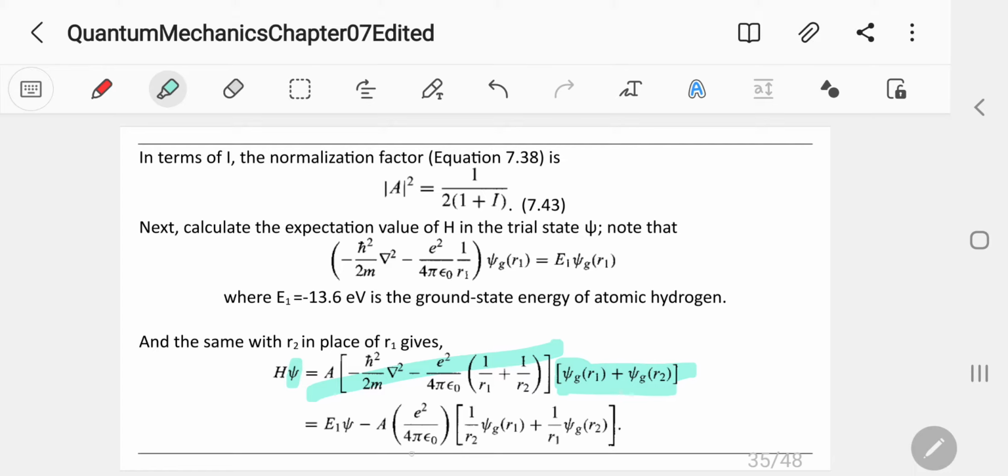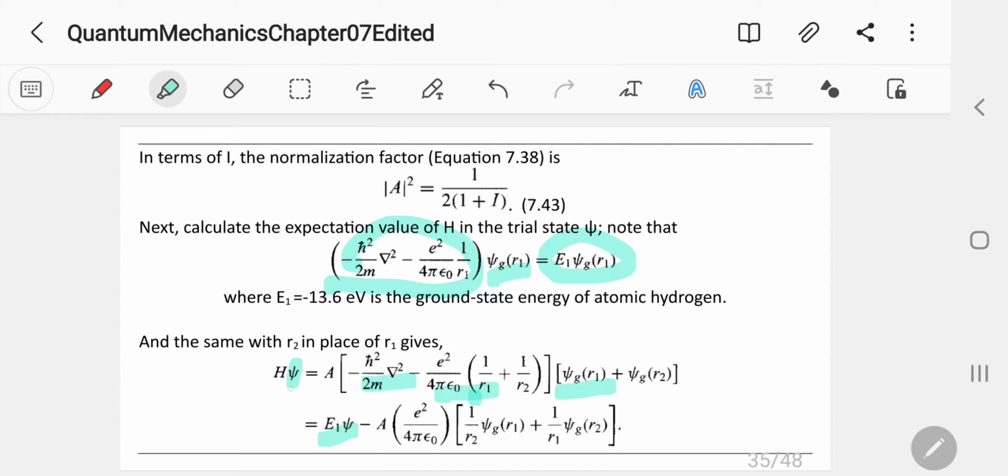And then when you do it, this is just when you apply this one here to here, which is just this one, this one and that one. So you will have your E1 psi here.